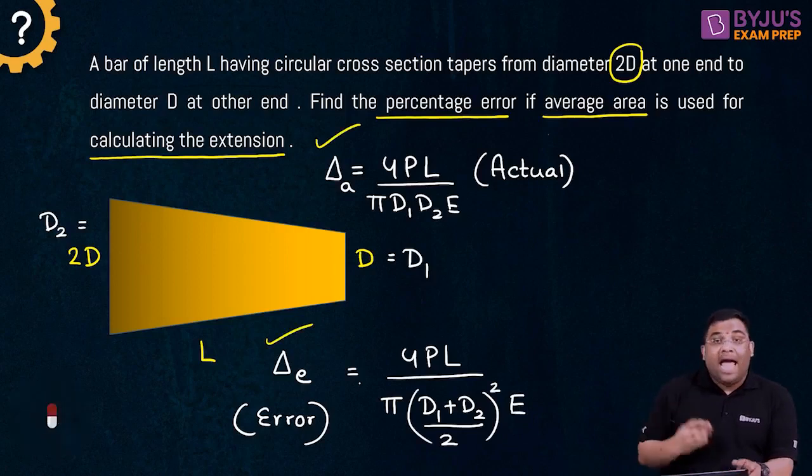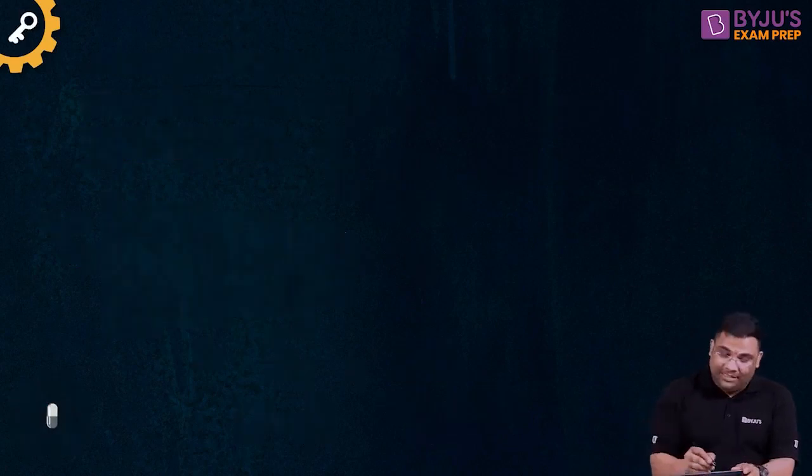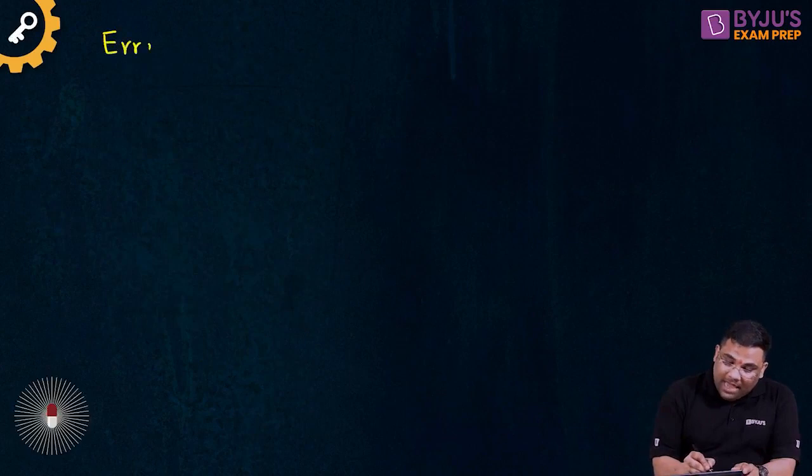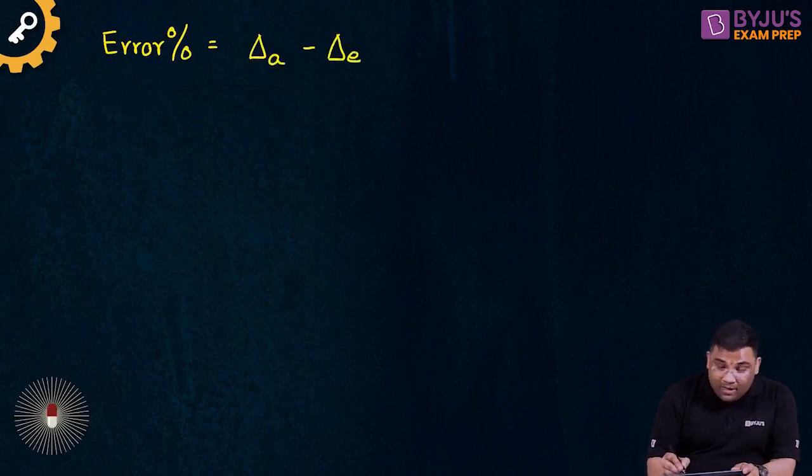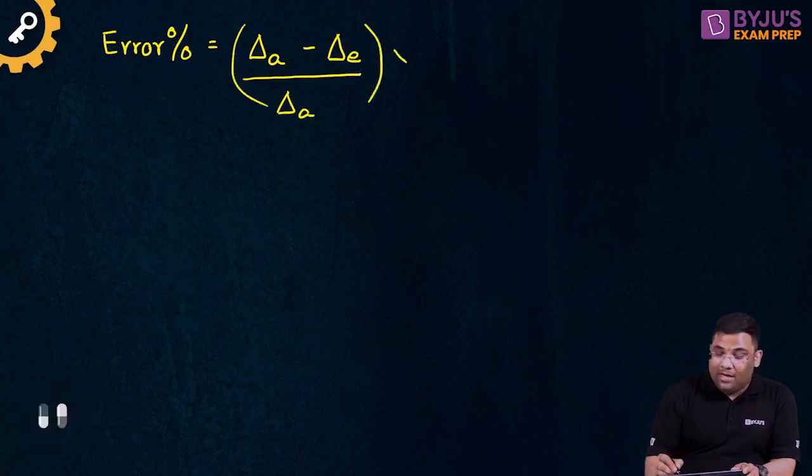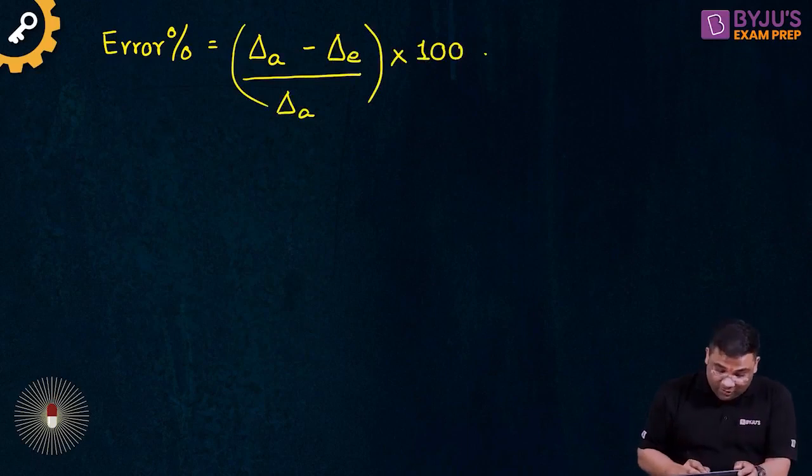So they're asking you that this is the actual one and this is the error one. So what is the error percentage? That's very easy, right? Error percentage will be the actual deformation minus the error one, divided by the actual one, into 100. Now I will derive the generalized expression and you can see how fast we can solve questions.